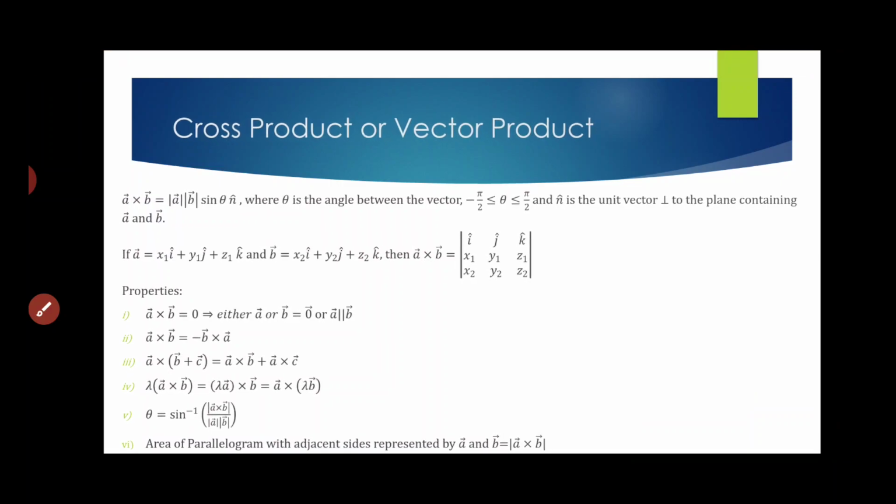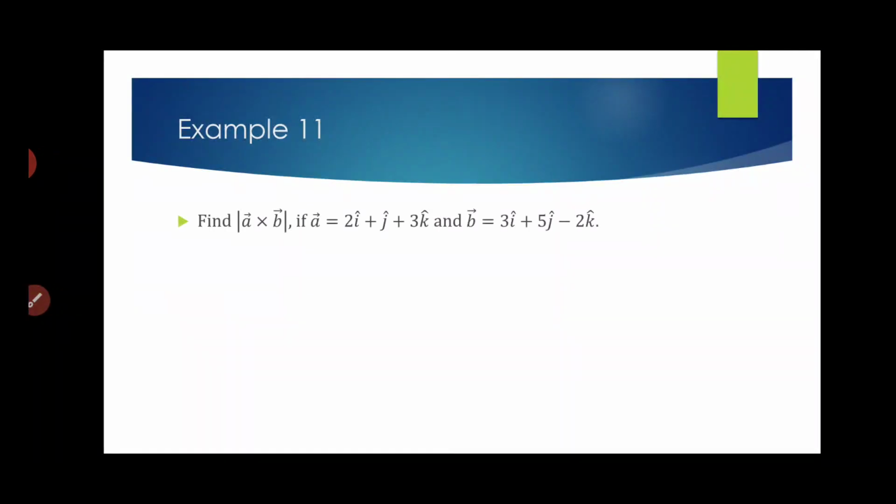Next, let us move to the problems. Number 11. Find mod of a cross b if a is equal to 2i plus j plus 3k and b is equal to 3i plus 5j minus 2k. So you are asked to find the modulus of the cross product. So let us first find the cross product. Cross product is given by the determinant.